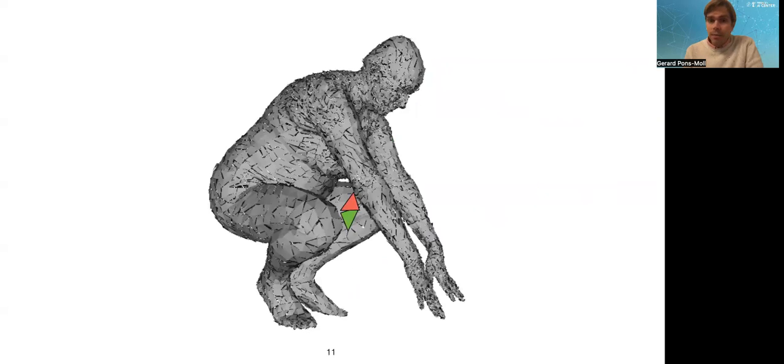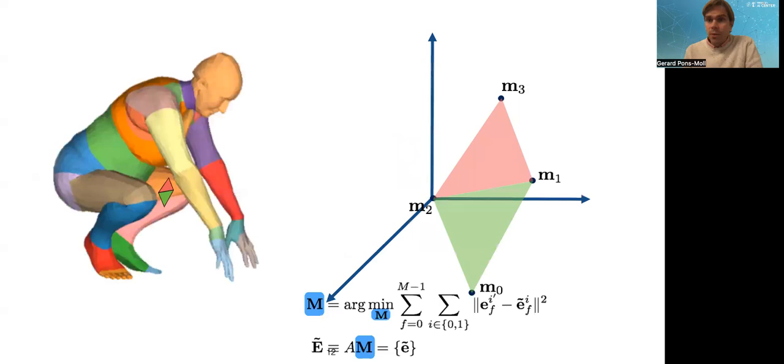It's not connected because we didn't impose the constraint that the edges need to remain collinear and that the vertices should be shared across triangles. So in order to obtain a coherent mesh, one has to solve for the vertices of the mesh M here.